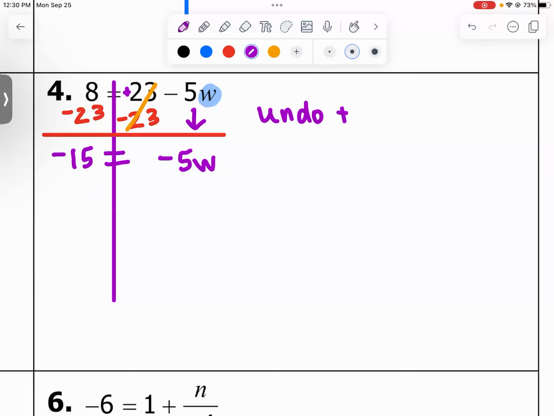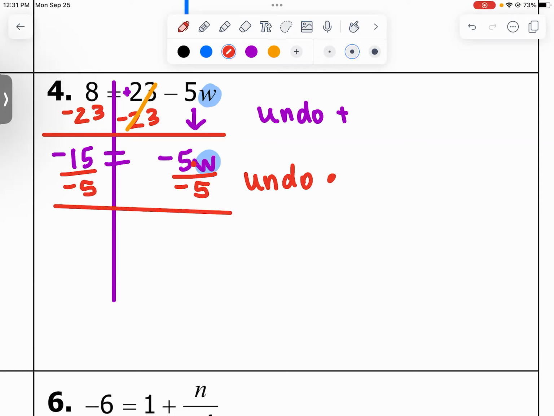Okay, Leo, what will our next step be? We want W to be by itself. What operation is in between the -5 and the W? Times. So how do we undo times? We divide. Okay.